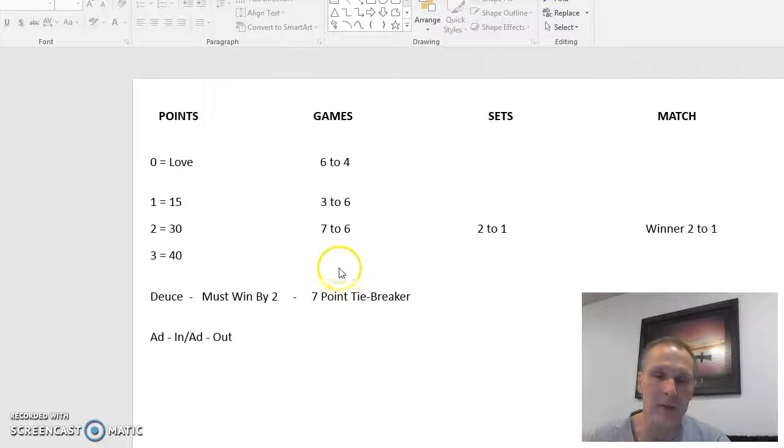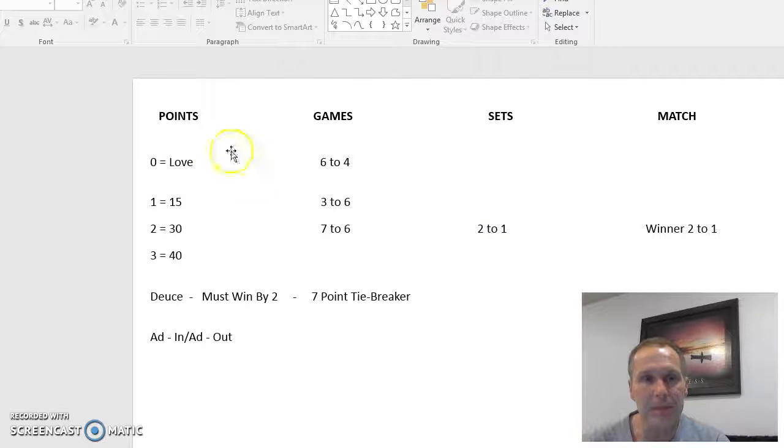So say, for example, it's 7-5 or 7-4, 7-1, whatever. The person that accumulated 7 points first, winning by 2, would win that game and thus the set. But then, say for example, it gets to 6-6, and the next point is a 7. Whoever gets the next point gets 7, but they have to win by 2. So you keep on playing until someone wins by 2 in order to win that set.